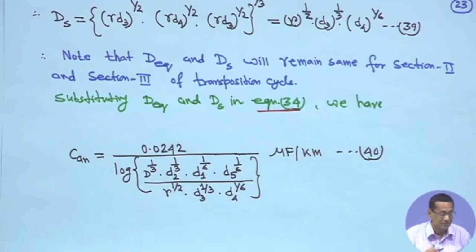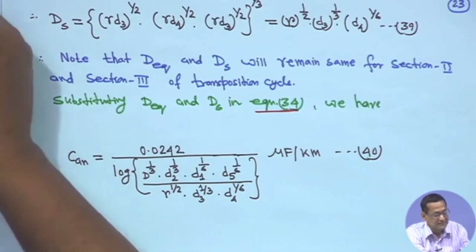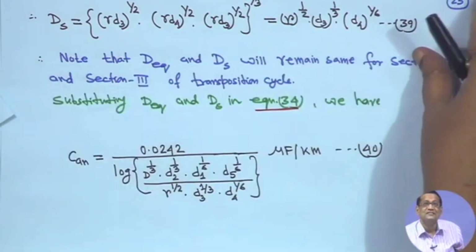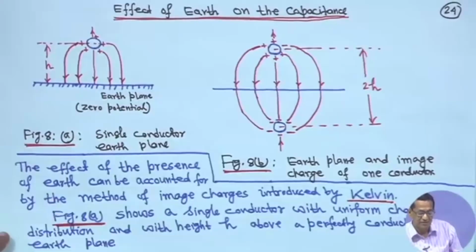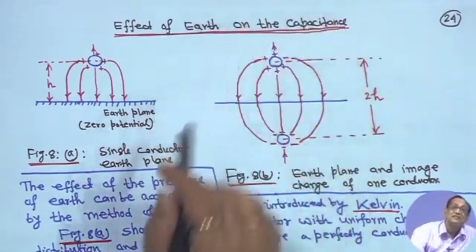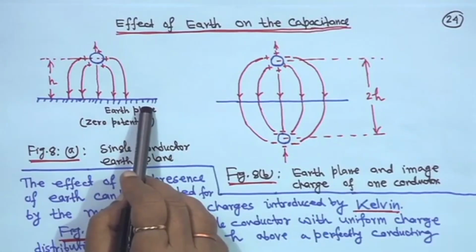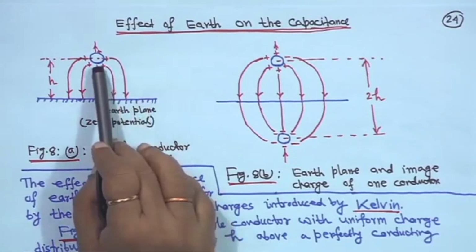Now, the next one is the effect of earth on the capacitance, right. So, this is the effect of earth on the capacitance. Say this is the earth plane, assuming that this is 0 potential, and you have a conductor here, right.